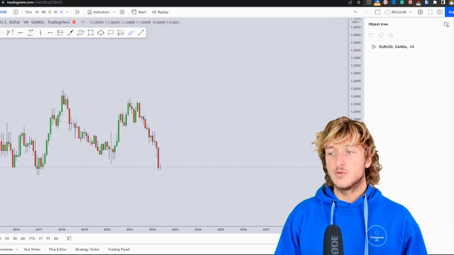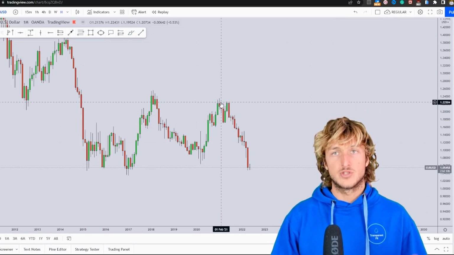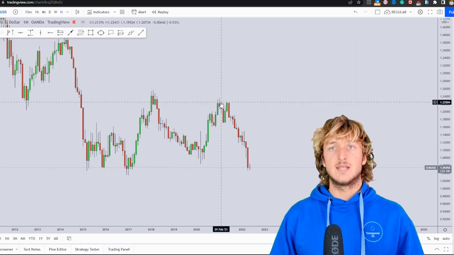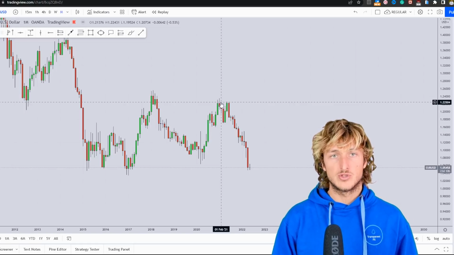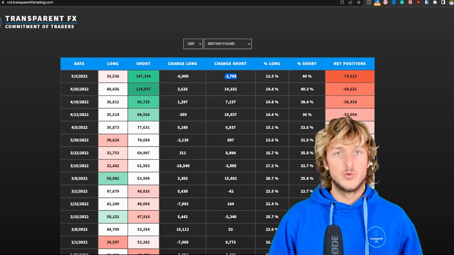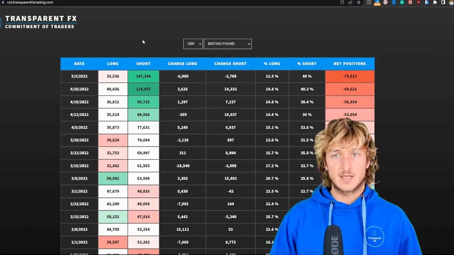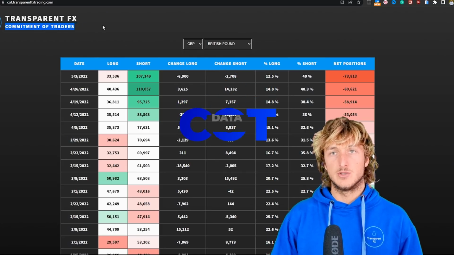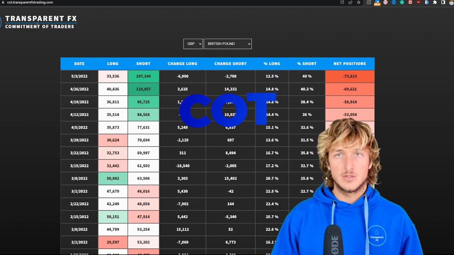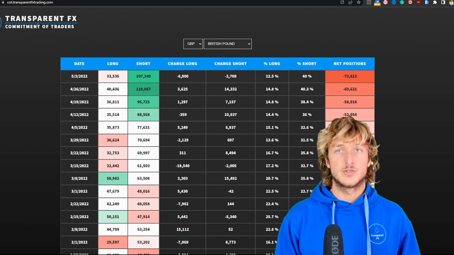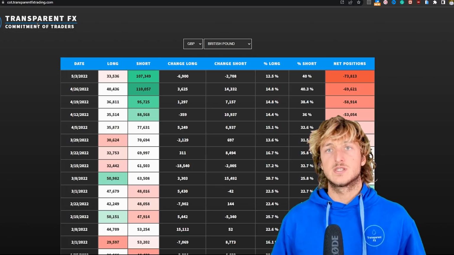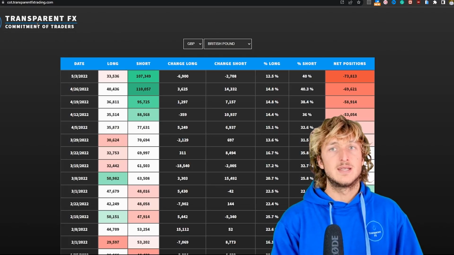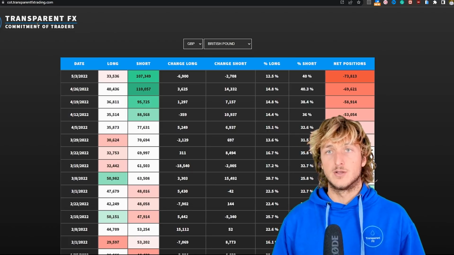Now, I want to go into some live charts to show you some examples of accumulation and distribution. I also want to put this into perspective with some COT data. What is the COT data? The COT data is the Commitment of Traders, which is basically what hedge funds and the non-commercials, so the biggest speculators in the market, are doing.